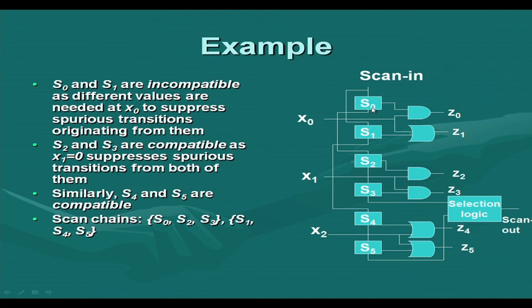Here S0 is feeding this AND gate, and S1 is feeding this OR gate. If we have a control to mask off this scan cell result going to the circuit, since this is AND and this is OR, I cannot use a single value of X0 to suppress both the transitions at Z0 and Z1. One of them cannot be suppressed by setting X0. So S0 and S1 are incompatible flip flops.